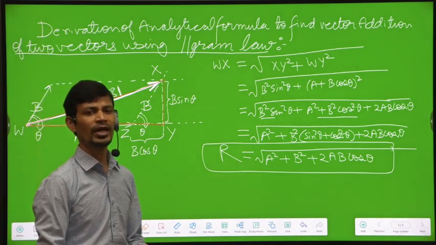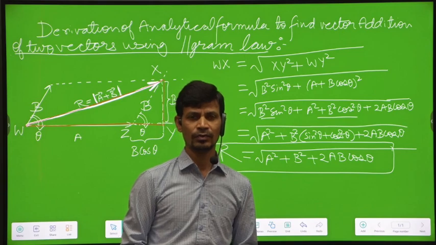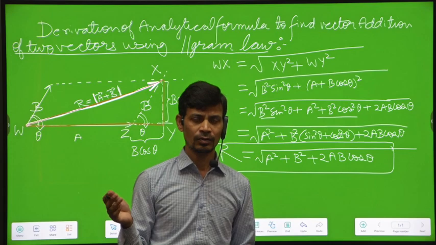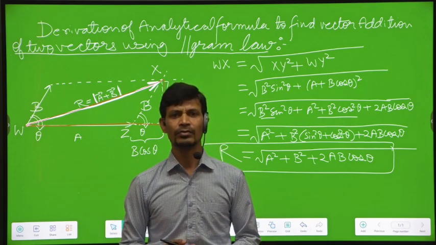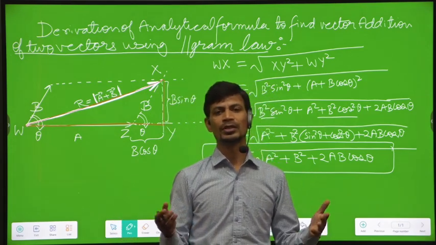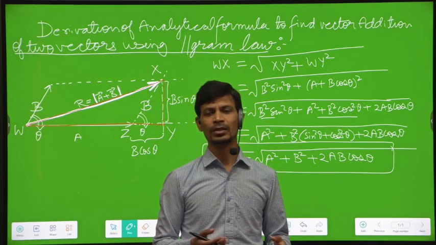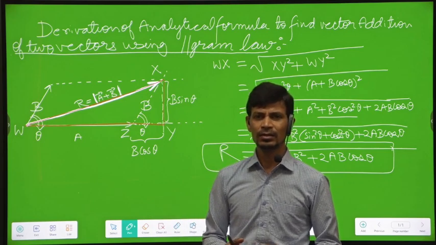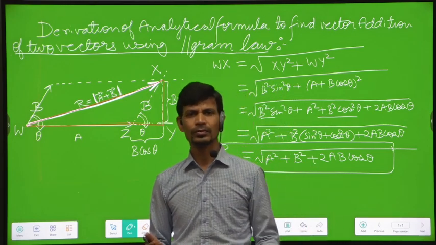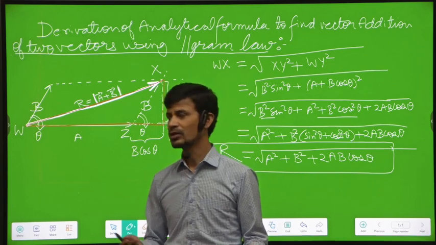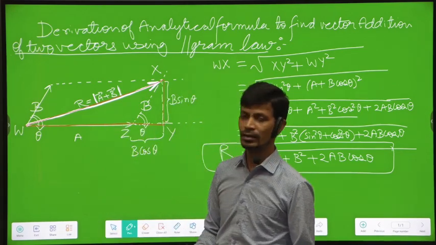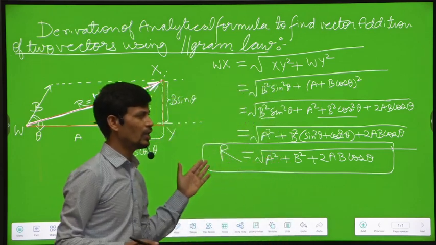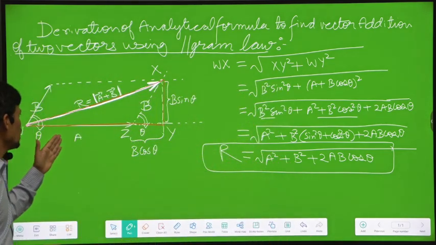We don't have any other information. Maybe in some numerical they will give you information about coordinates, like A is along the x axis. There it is easier to tell the direction of this resultant. But here we can just give the direction of R in reference to A or B.